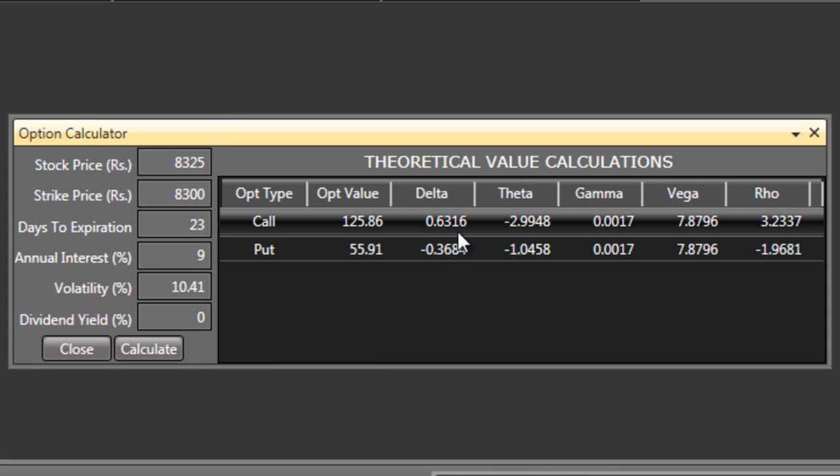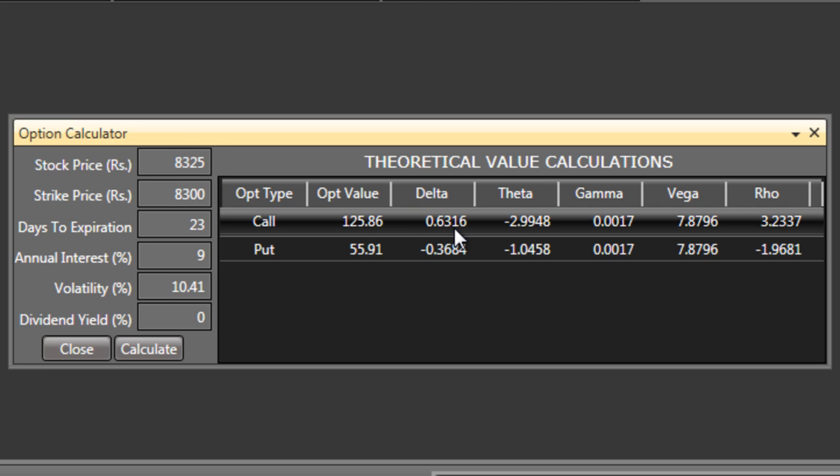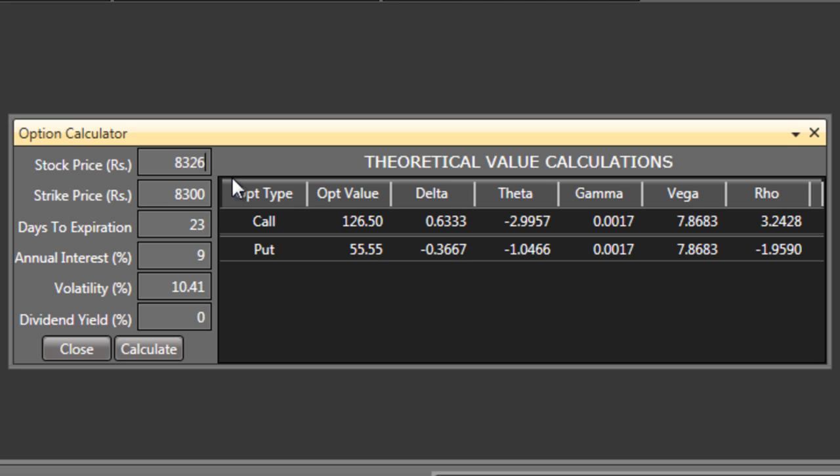Currently the delta is 0.6316, and if the underlying price increases by 1 rupee, the delta should go to 0.6333. Now I'll increase this to 26 and see. Exactly, the delta went to 0.6333, so it changed as per the gamma.